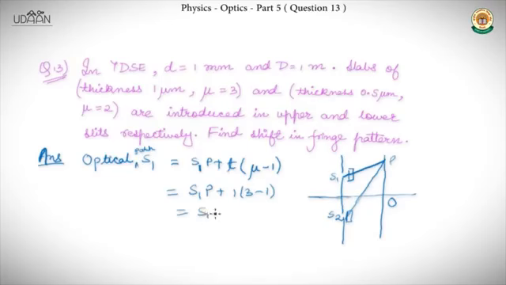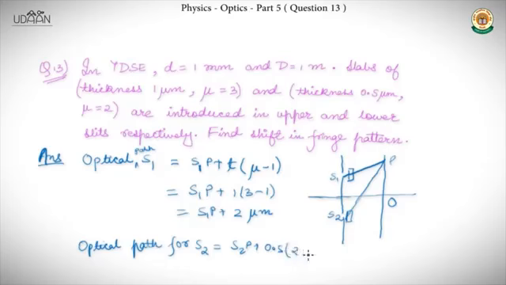This will be equal to S1P plus 2 micrometers. Now the optical path for S2 is equal to S2P plus the thickness of the block into the refractive index minus 1, which will give S2P plus 0.5 micrometers.